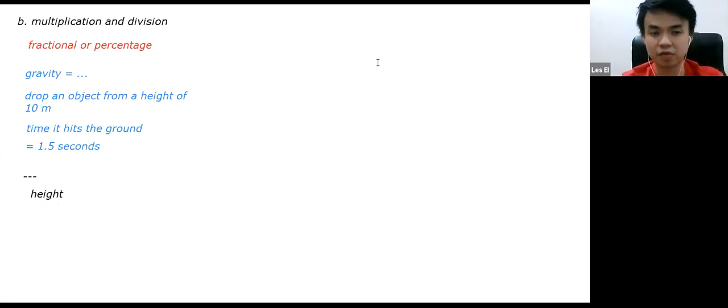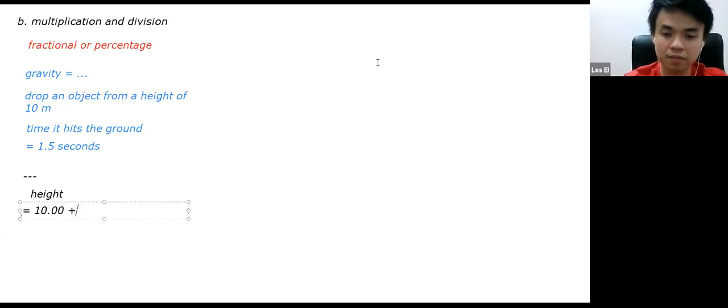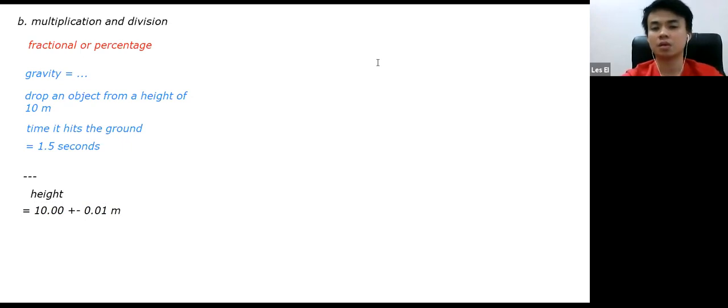It depends. If you use a measuring tape, it can still read up to 1 centimeter. So you can write, for instance, 10.00. It can read up to 1 centimeter, but then 1 centimeter you divide by 2, so it becomes half a centimeter, right?